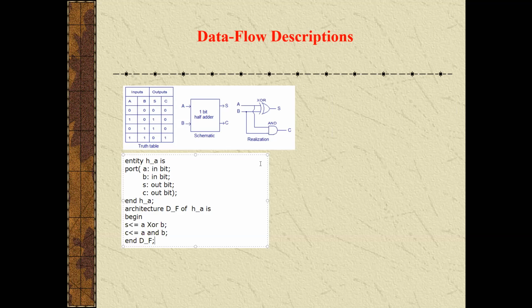So see here. How do we assign it? If I want to assign the time delay for this, we can write A XOR B after 10 nanosecond. 10 nanosecond.